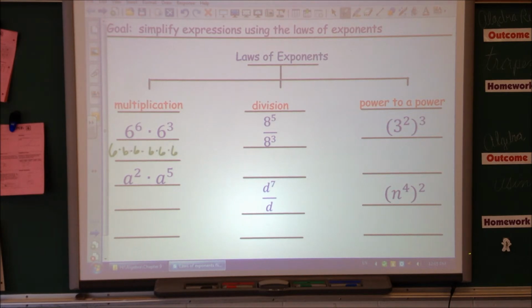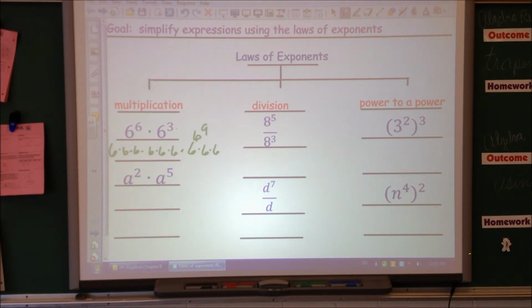So it means 6 times 6 times 6 times 6 times 6 times 6 times 6 times 6 times 6. And instead of writing all of that out, I can simply say this is 6 to the 9th power.